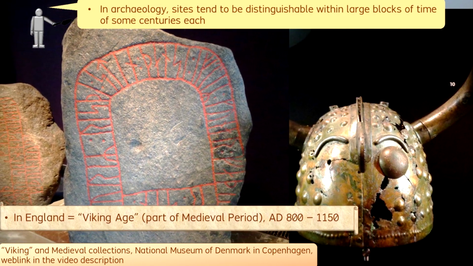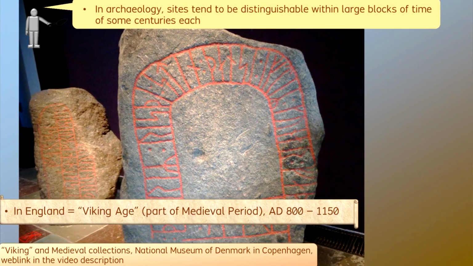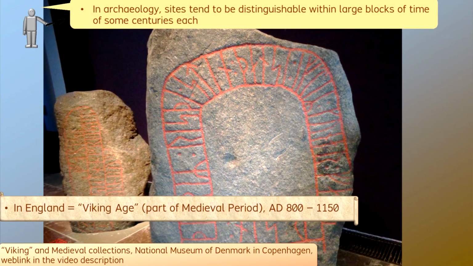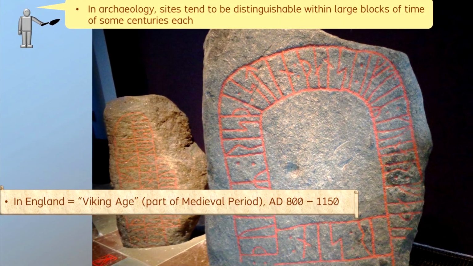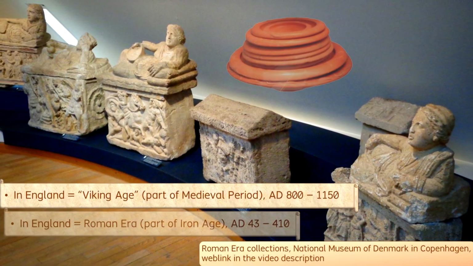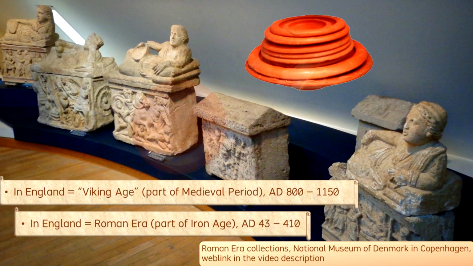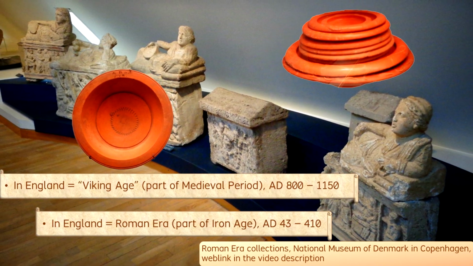In terms of basic material inventory, chronological differences can be discerned in large blocks of time, of at least a few centuries each. Continuing with this example in England, the Viking Age can be differentiated from the much older Roman era of the years AD 43 through 410.